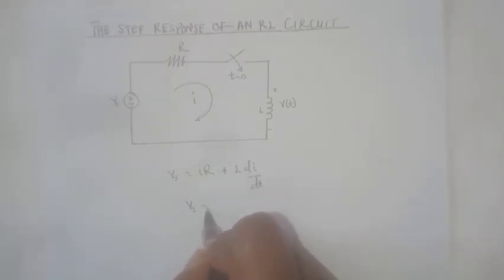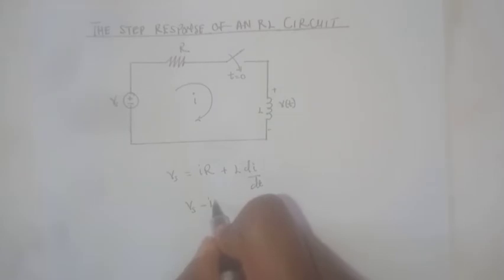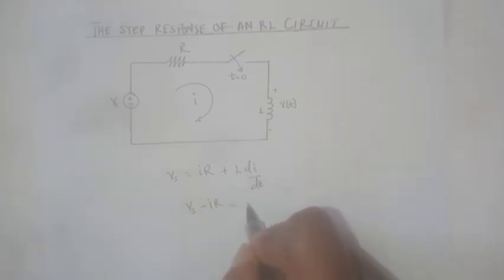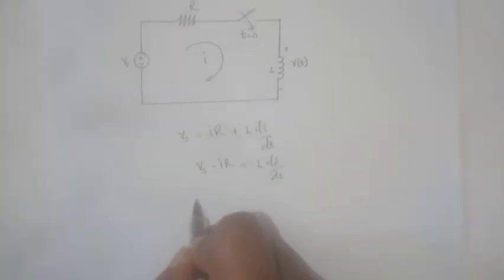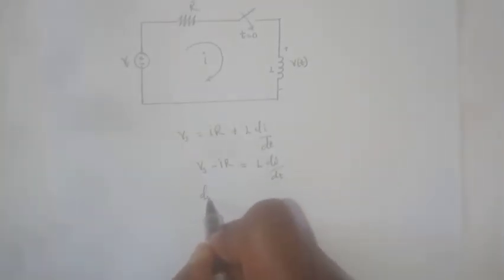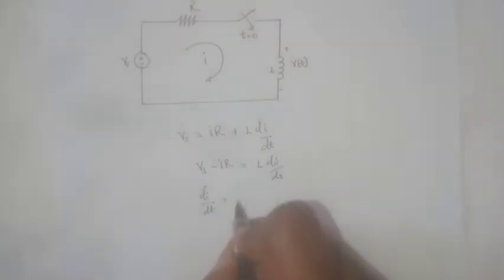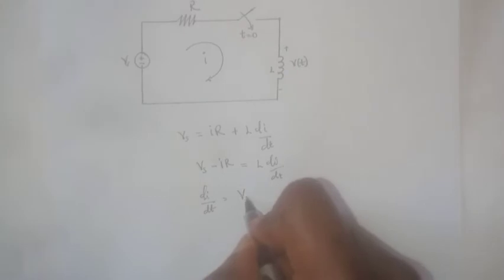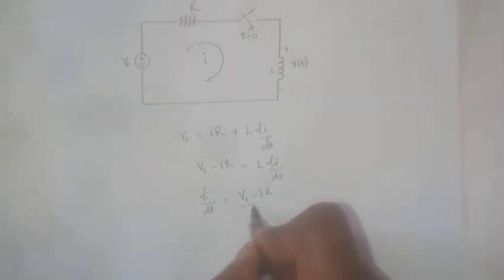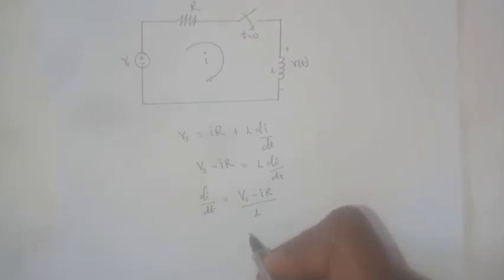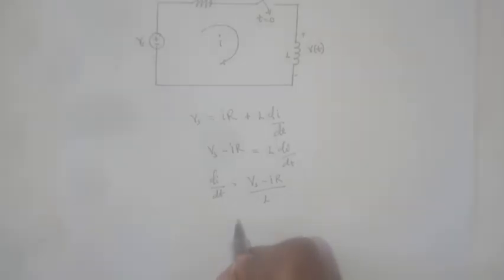Vs minus I R equals L di dt, which can then be rewritten as di dt equals (Vs minus I R) over L. So let's do something here.